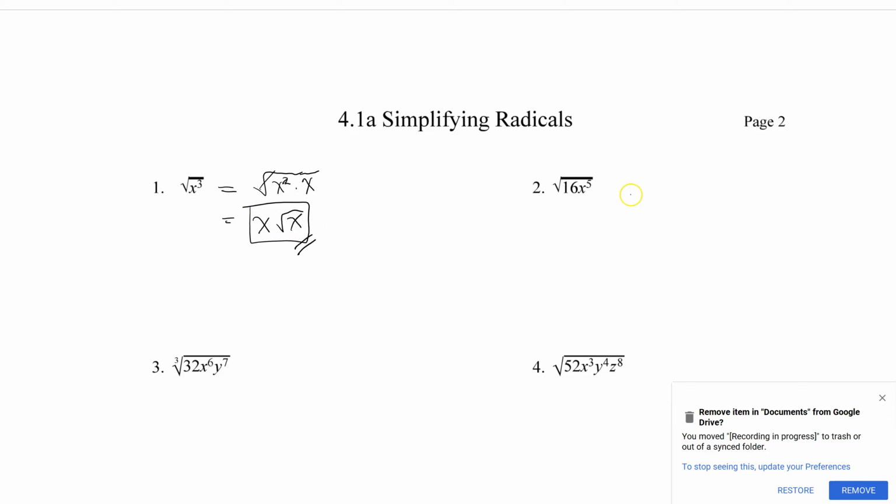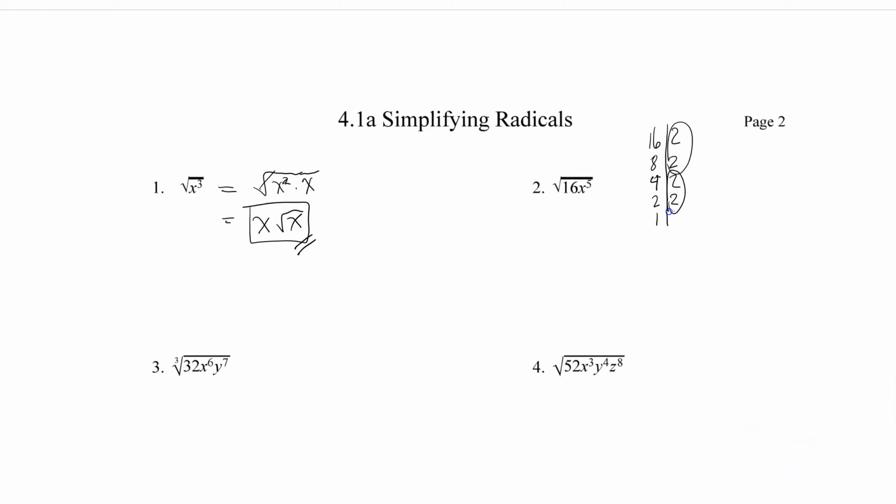16x to the 5th. Once again here, we'll do these separately, the 16 and x to the 5th. 16 is 2 times 8, and 2 goes into 8 4 times, 2 goes into 4 2 times, and 2 goes into 2 1 time. And so we have 2 pairs of 2s.